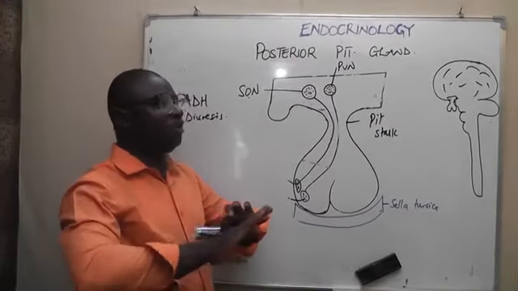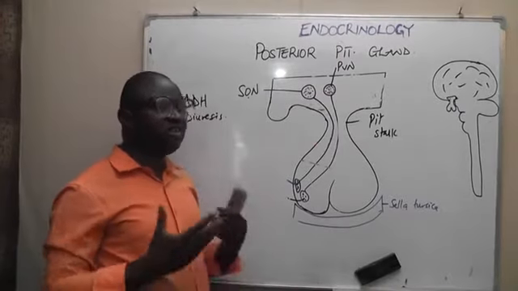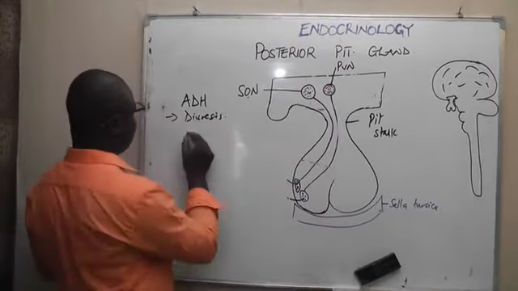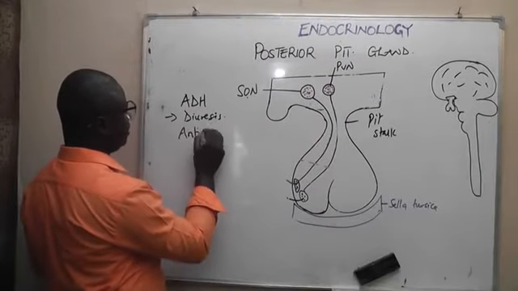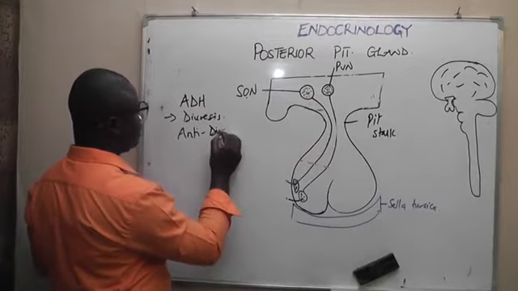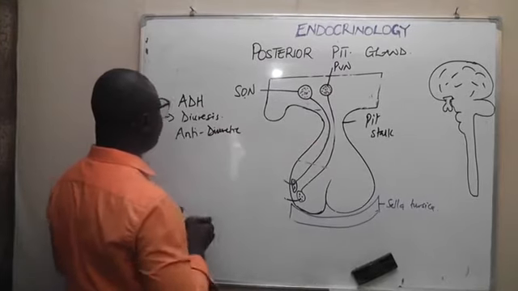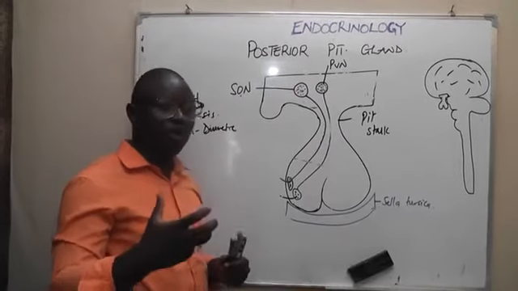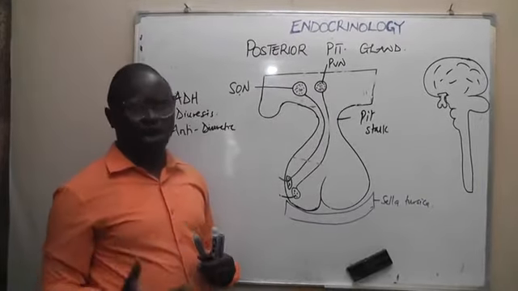So just know that diuresis is increased urine production. Anti-diuretic is a hormone that reduces urine output.